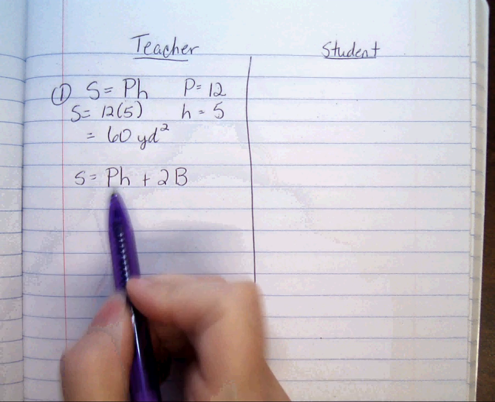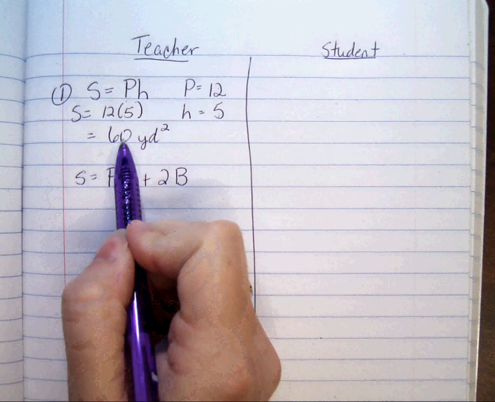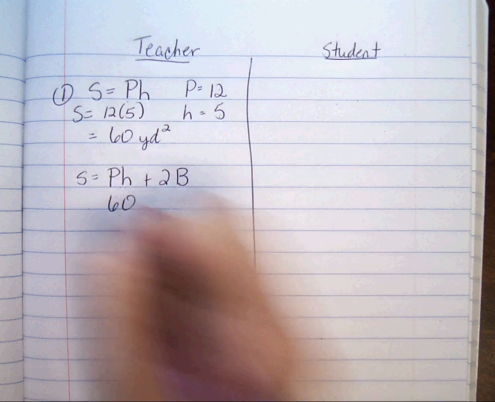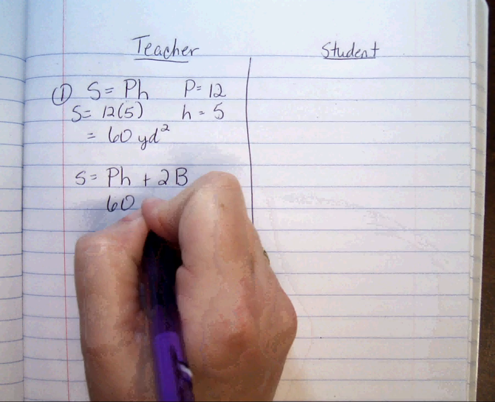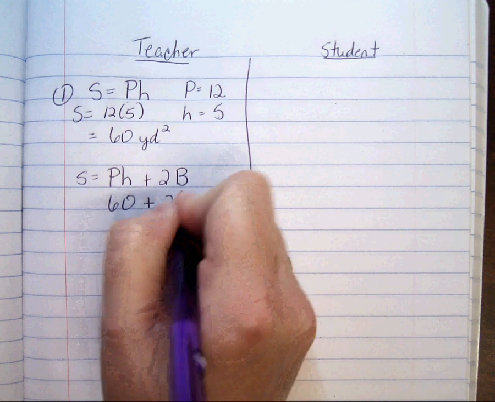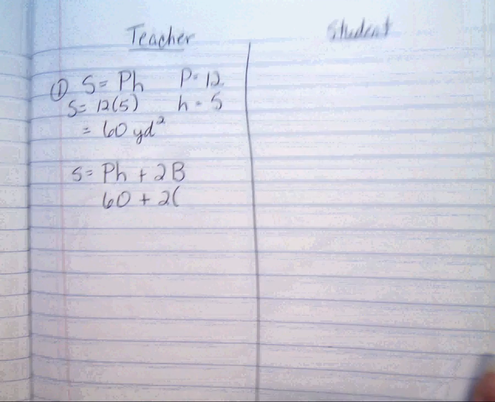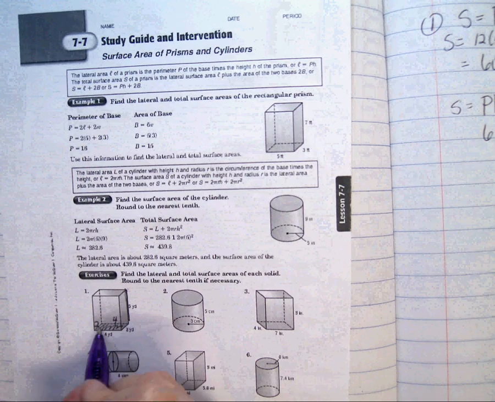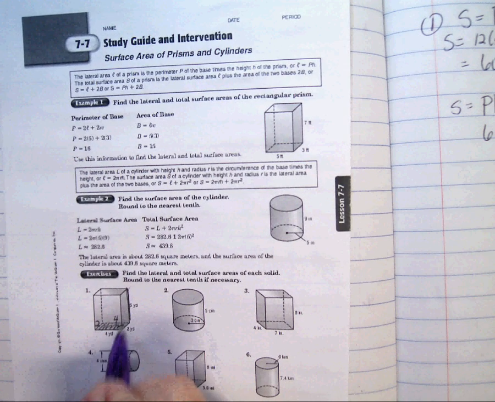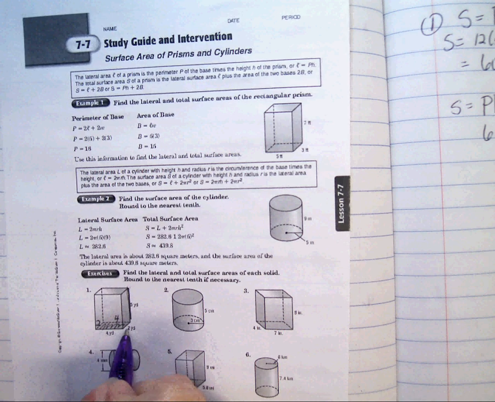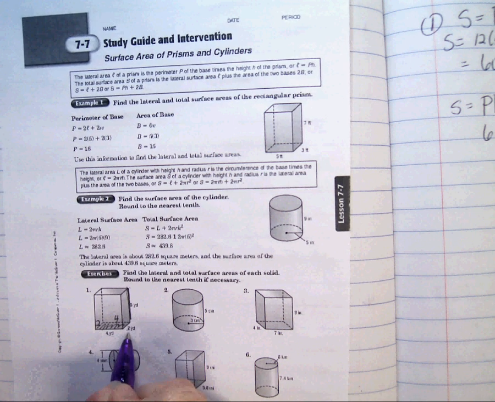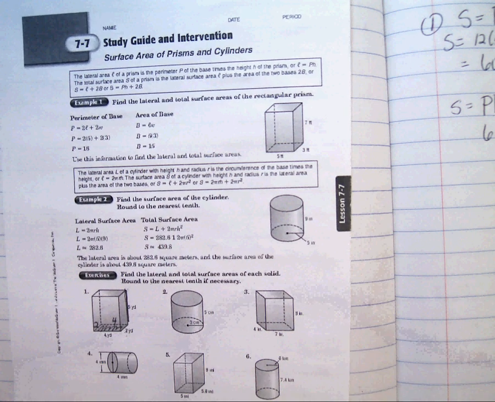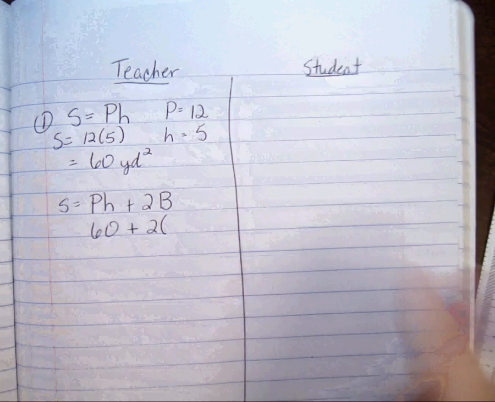P times H, we've already figured out, is 60. I'm going to plug that in. Plus 2 times, now I've got to figure out what big B is equal to. If we go back to our figure, here's the base. Remember, area of a rectangle is just length times width. 4 times 2. So my big B is going to be 8.